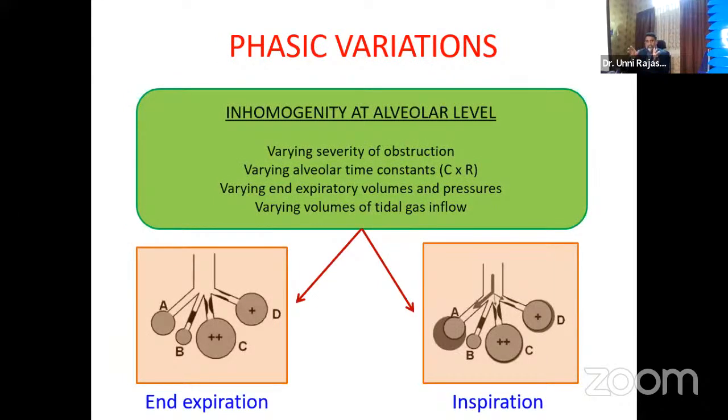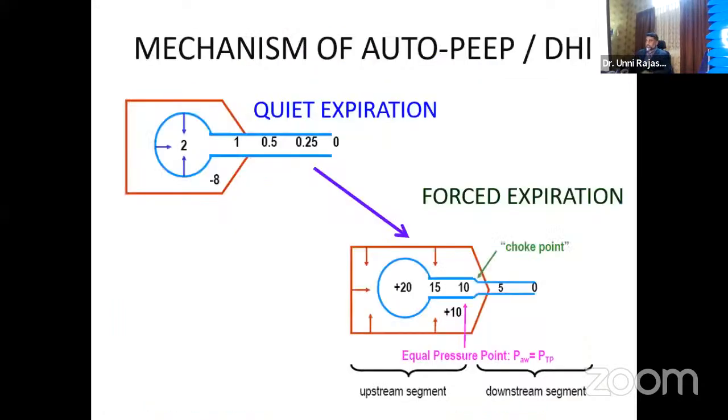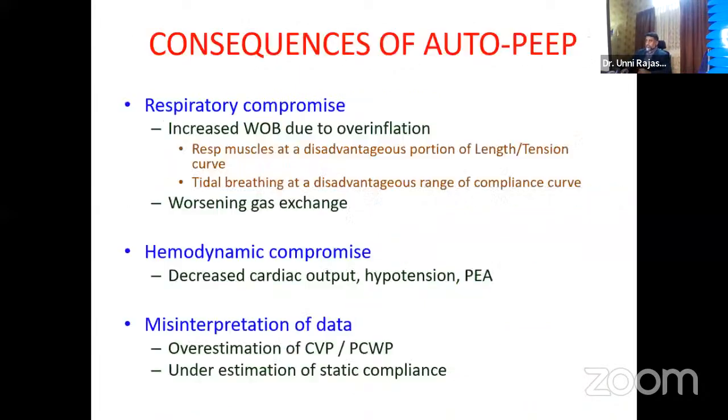There can be phasic variations in asthmatic lungs, varying severity of obstruction, varying alveolar time constants, varying end expiratory volumes and pressures, and varying volumes of tidal gas. So there is a concern about the mechanism of auto-PEEP development, which has a consequence in the form of respiratory compromise, an increased work of breathing, and hemodynamic compromise in the form of cardiac output dropping and hypotension.